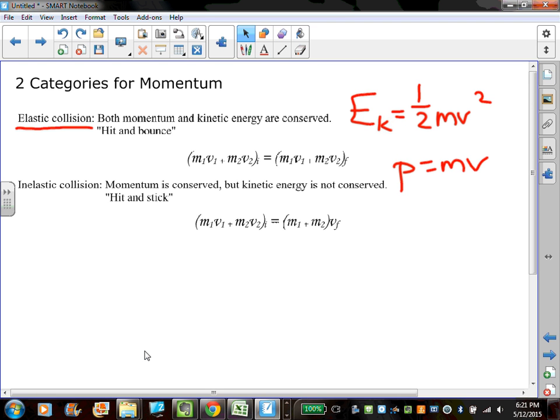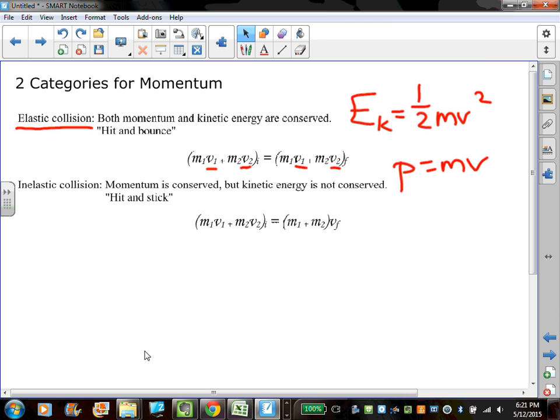The amount of momentum I have at the beginning is going to equal the amount of momentum I have at the end. Okay? And since these things are bouncing apart, they both have the possibility of changing velocities. So what I have written on here is not a new expression for momentum, but it's a way to express conservation of momentum in an elastic collision.